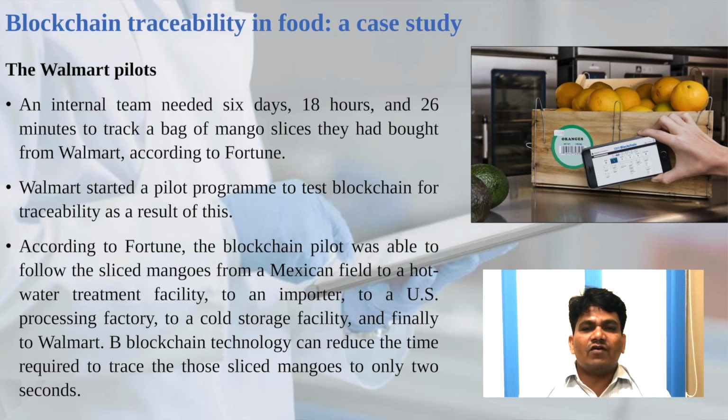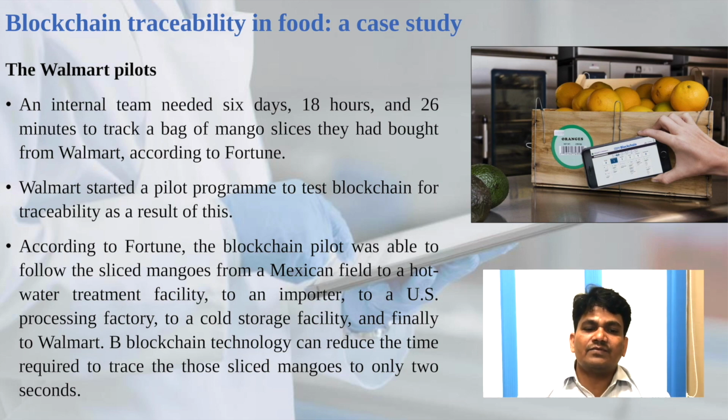In the form of a case study, we can look at blockchain traceability in food. This is actually employed, and very effectively, in the Walmart pilots, where an internal team needed 6 days, 18 hours and 26 minutes to track a bag of mango slices they had bought from Walmart, according to Fortune.